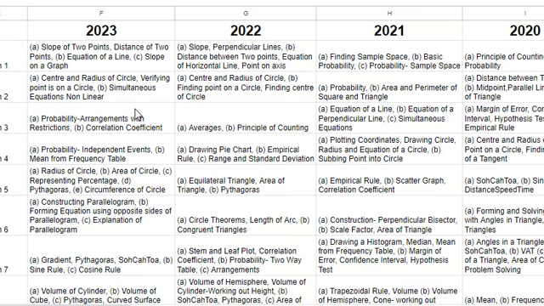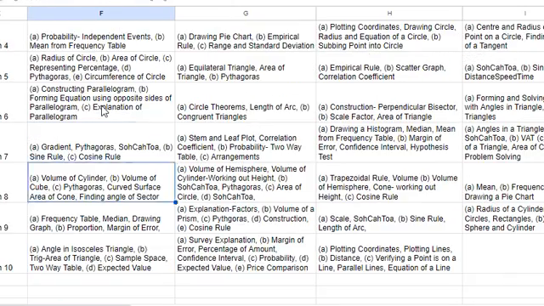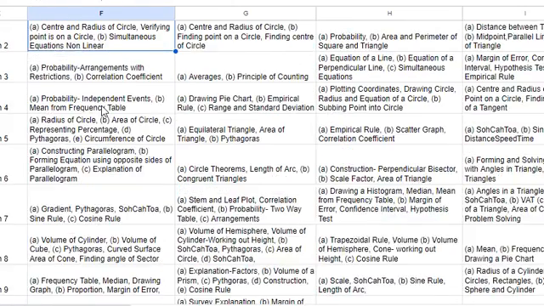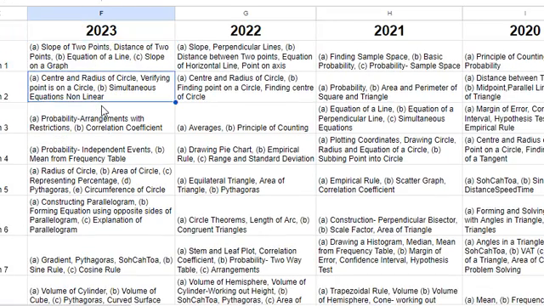So I'll just show you here where trigonometry is always coming up. It was question 7 there, so you'll see Pythagoras, SOHCAHTOA, sine rule, cosine rule, they all come up in there.